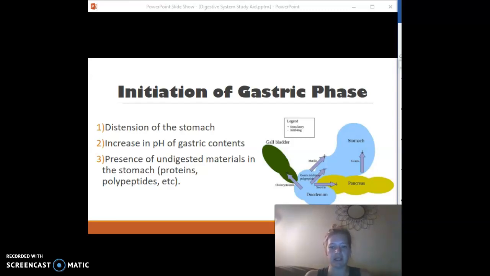And this gastric phase can actually continue for 3 or 4 hours while the acid and the enzymes are helping process the ingested materials. So just to quickly summarize again, the stomach stretches and the pH of the stomach contents increases, and this causes a cascading series of events that leads to the release of HCl by the parietal cells, which we will get into in the next few slides.